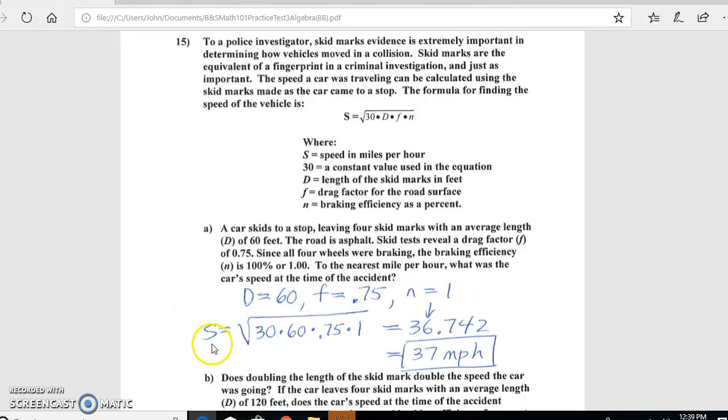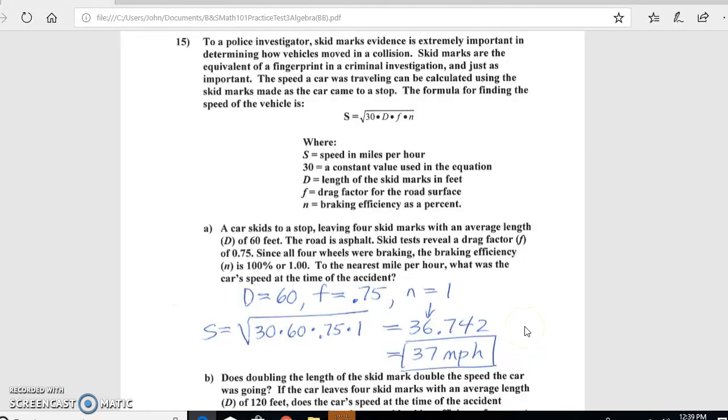So the speed of the car is the square root, and you're going to need to get into the square root function on your calculator and then put in 30 as the constant times 60, which is D, times 0.75 times 1, which won't change the value at all. But when you get these in, then you want to hit the equal sign. You should get this on your calculator.